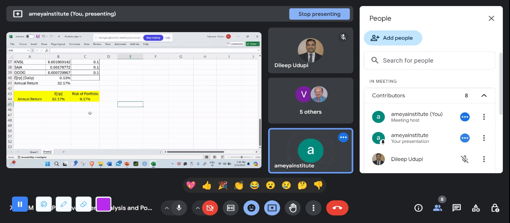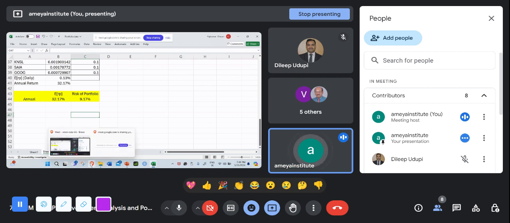These are the annual returns and annual risk of this portfolio.